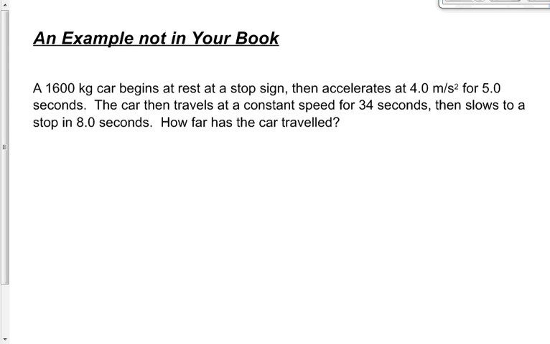accelerates at 4 meters per second squared for 5. This is a different question. Acceleration involves constant velocity. We've done all that stuff before, but it's like it's everything together here.